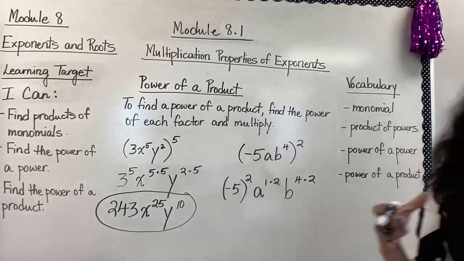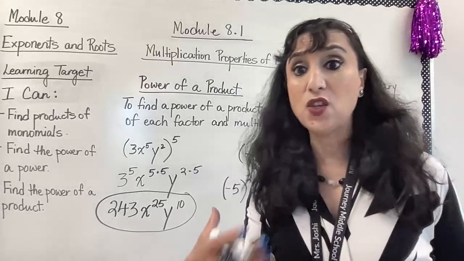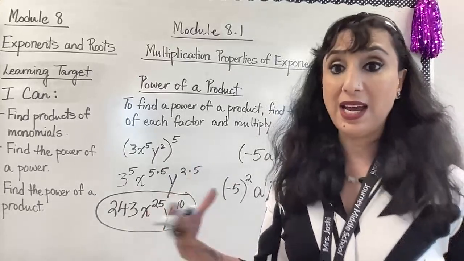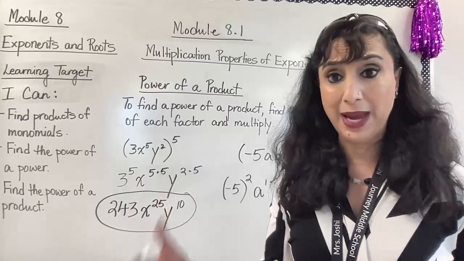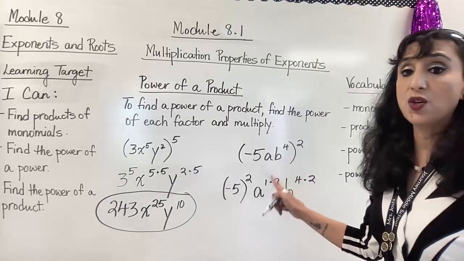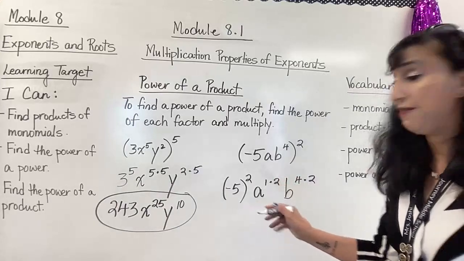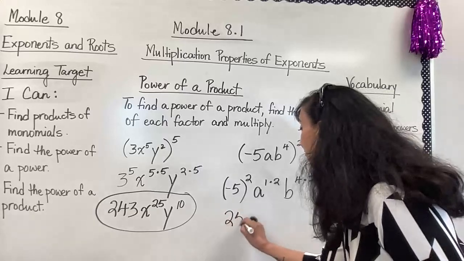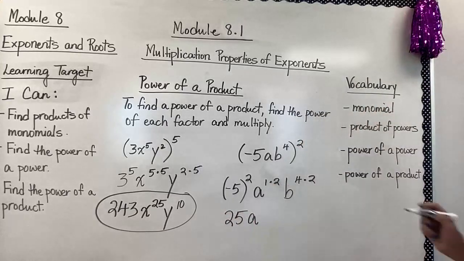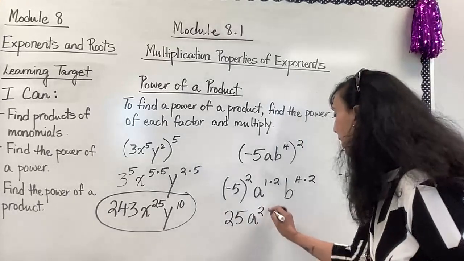Now, we know that negative times negative is going to give me positive. So -5 times -5, because that is my base, right? And it's squared. So that is why that's going to give me 25. So this is 25. And then I have a, 1 times 2, of course, that is a squared.